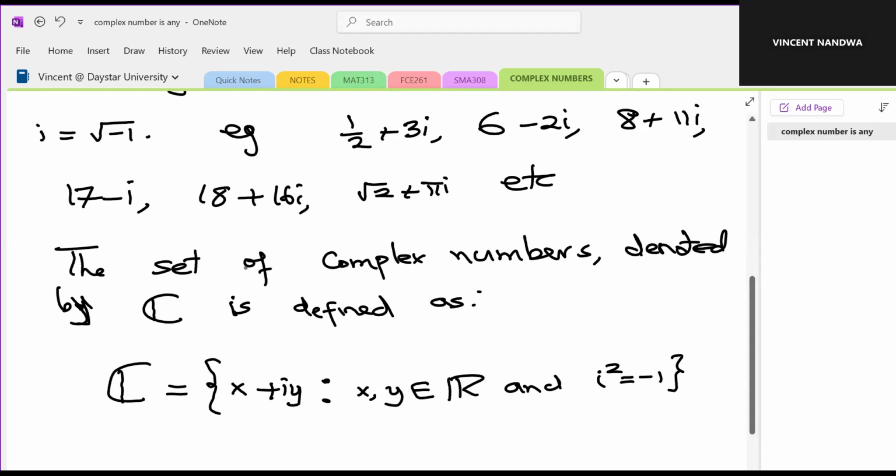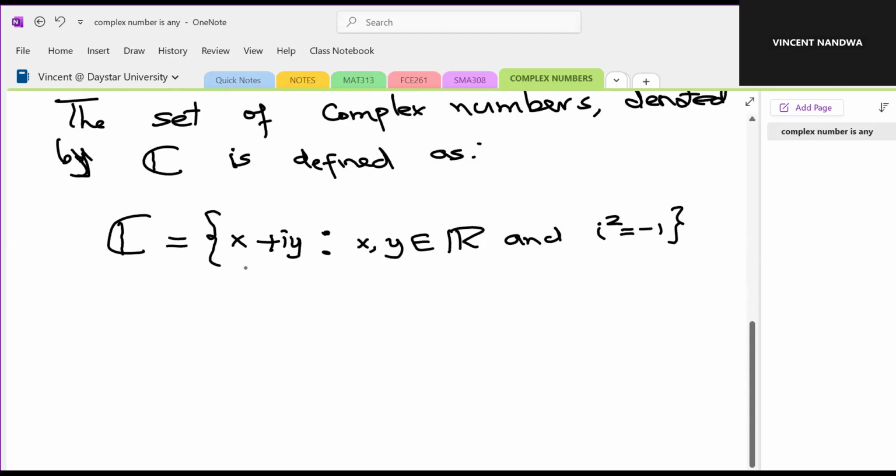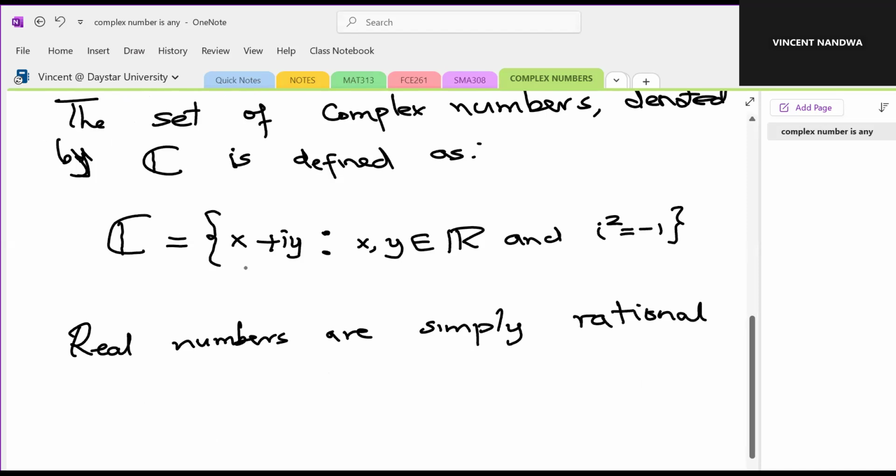So if you remember from our previous discussion, we said that real numbers are simply rationals or irrational numbers.